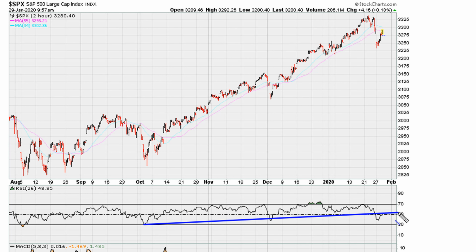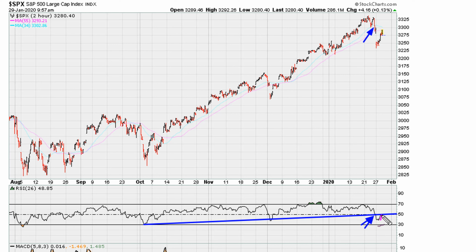If we take this line here and extend it, we see that when the market was down on Monday, today being a Wednesday, this was where the RSI broke down. So essentially we are coming back to the underside of this line.